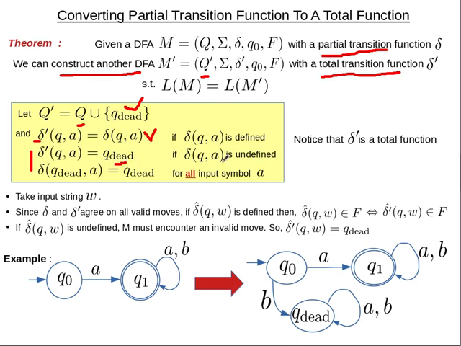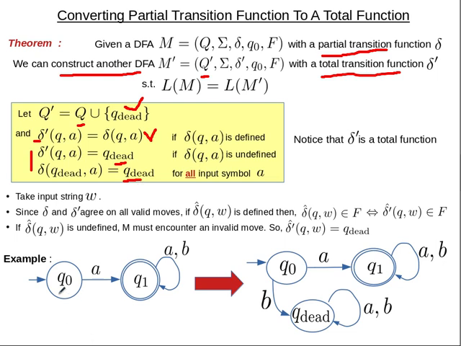Earlier in your DFA, there was no place to go on input symbol A from this state Q. Now this situation is handled by going to the dead state. And once you move to the dead state, no matter what input symbol you process, you remain in the dead state. So that is a trap. It's also called a trap state.